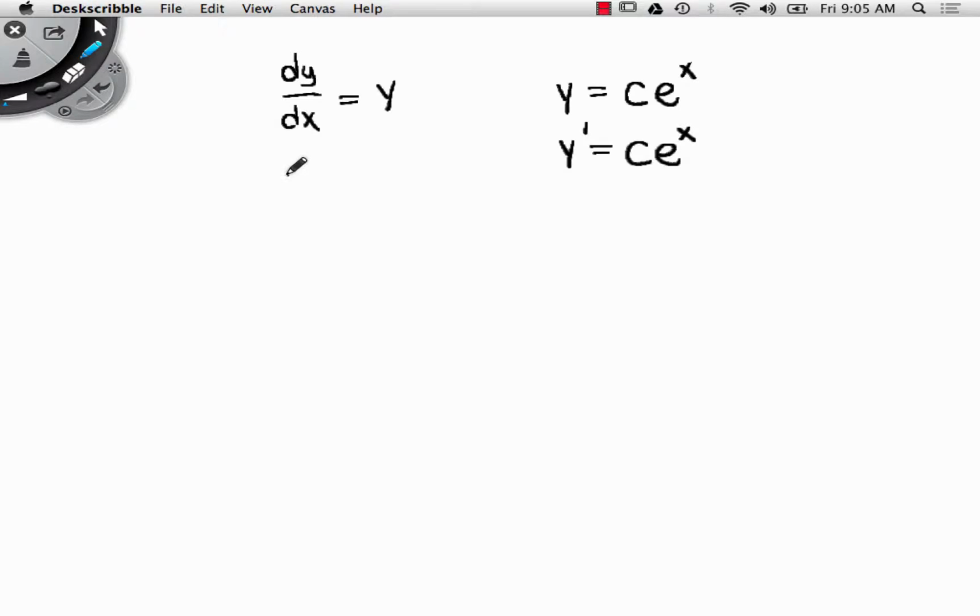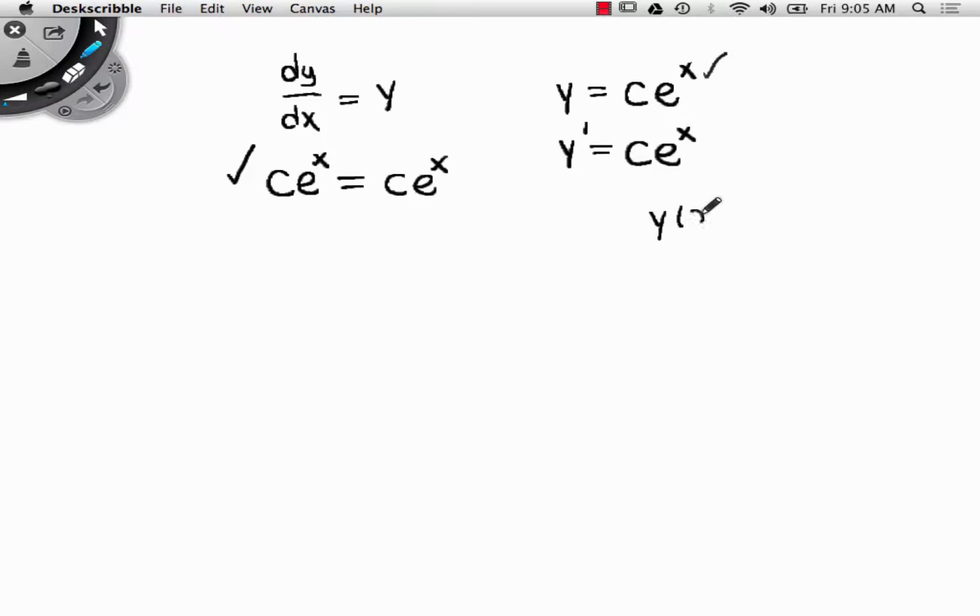So now I substitute c e to the x on the left, and I substitute c e to the x on the right. Is this equation true? Yeah, that's the reflexive property. This equation's always true. So now I know right here, Carrie, that this is indeed a solution to the differential equation.